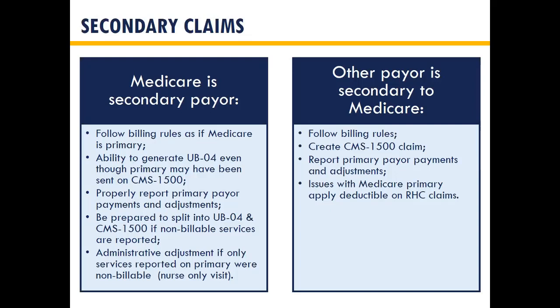So you want to have policies and procedures addressing how to separate charges and payments between different types of claims if the primary insurance includes that billable E&M and service not billed out of the RHC when Medicare is secondary. Not only should your policy address when Medicare is the primary payer and you're sending to another, but also when Medicare is a secondary payer.